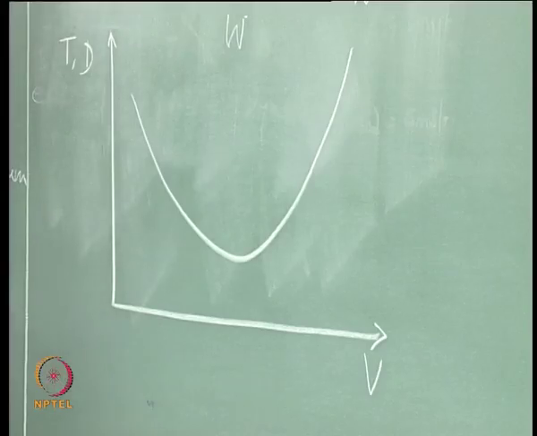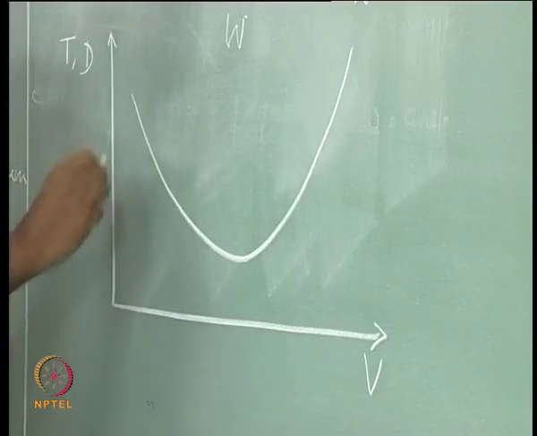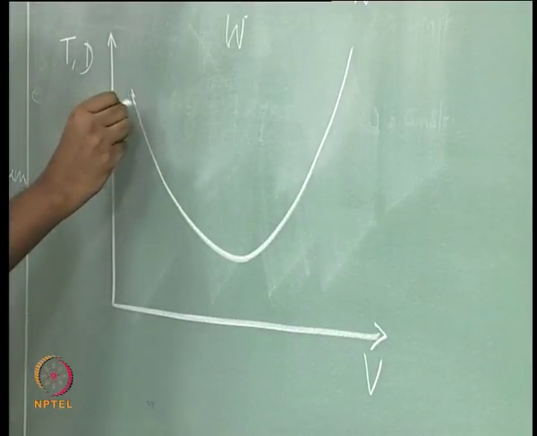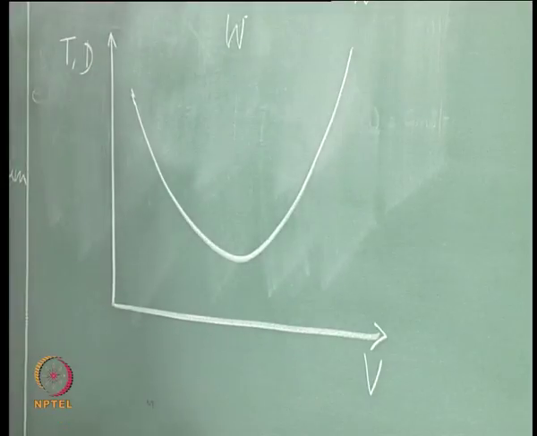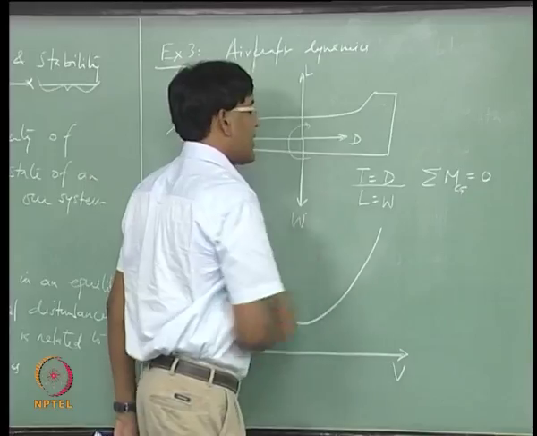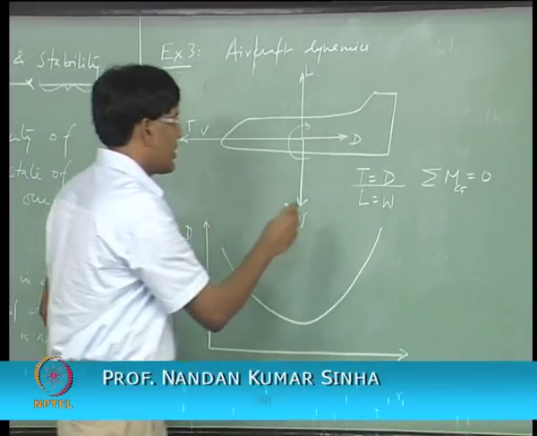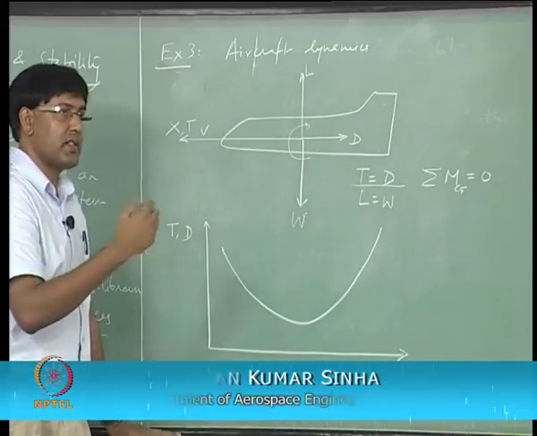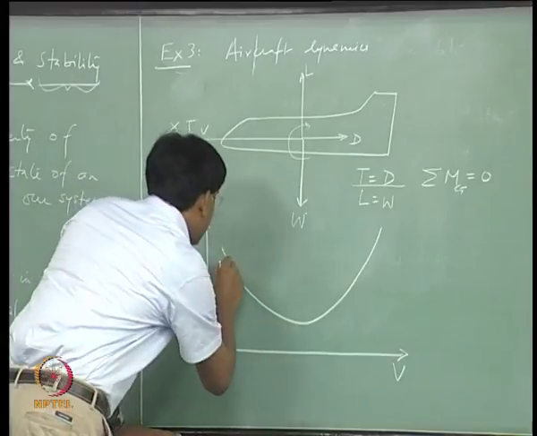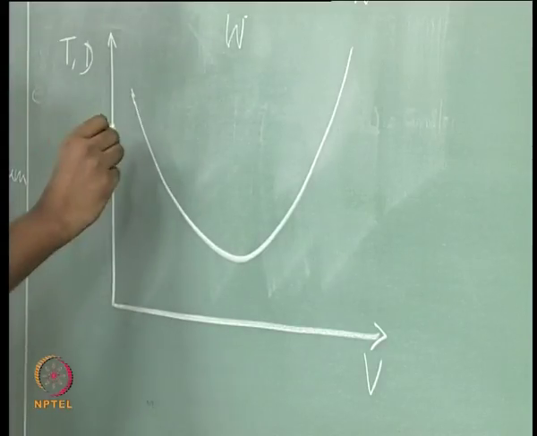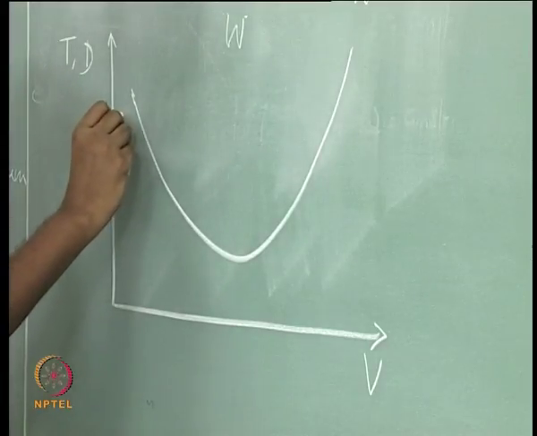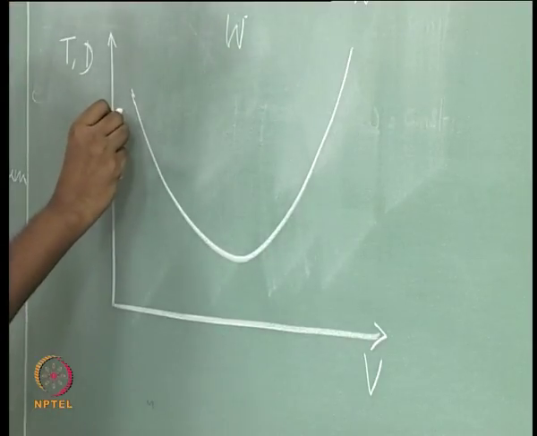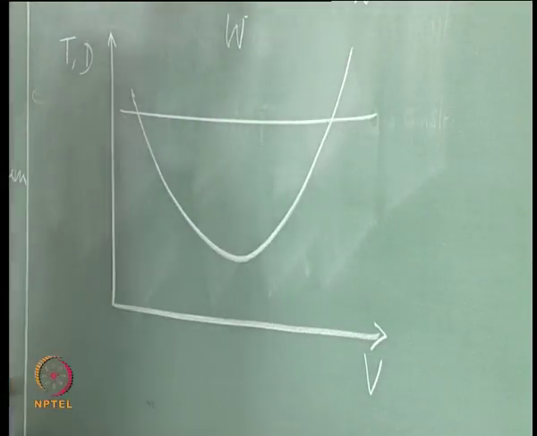Drag profile is parabolic, and this drag has to be overcome according to this equation. So, the thrust available should be able to overcome the drag. Let us say we draw this for a jet engine. So, thrust is almost constant with respect to the velocity.